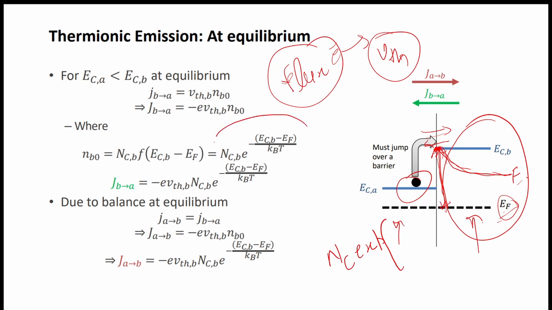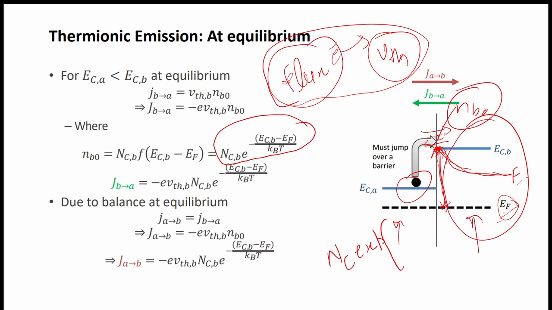We can call this n_B0. So the current will depend on the flux, and the flux on the thermal velocity and the charge carrier density at this point.